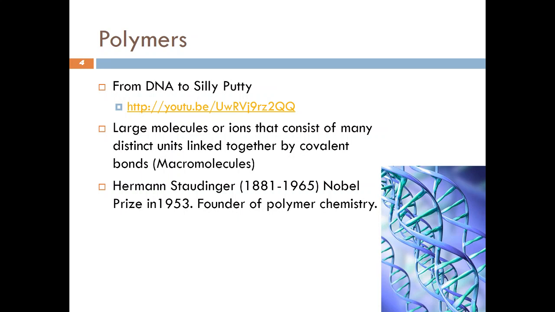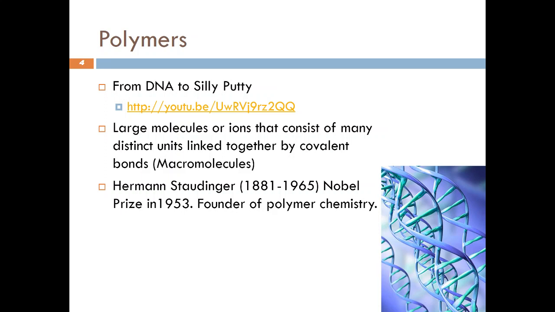And this person, Hermann Staudinger, Nobel Prize winner in 1953, founded polymer chemistry. So polymer science was not really understood before then, but now we know a lot of things that make up us, the content of our body, or things that you see in front of you, like wood or tiles, stones.